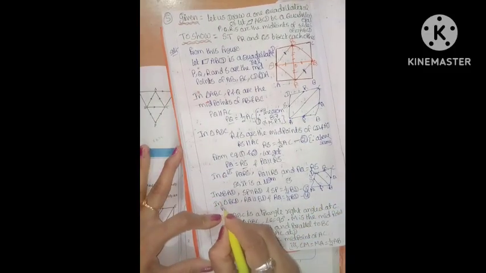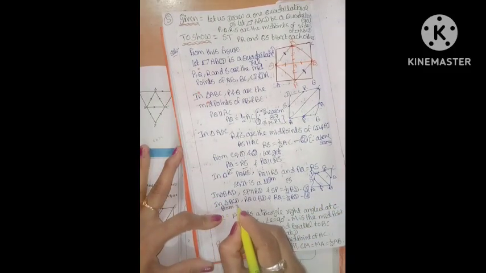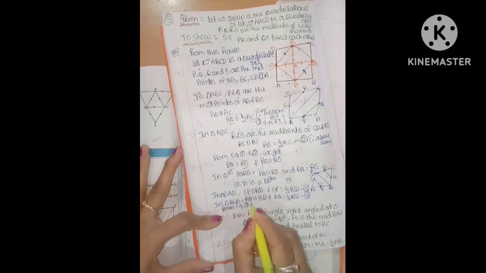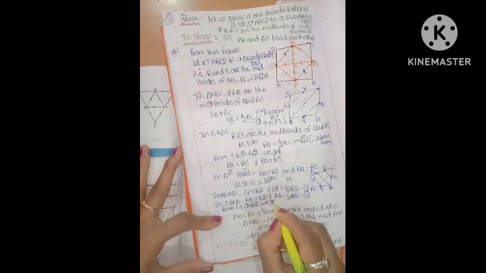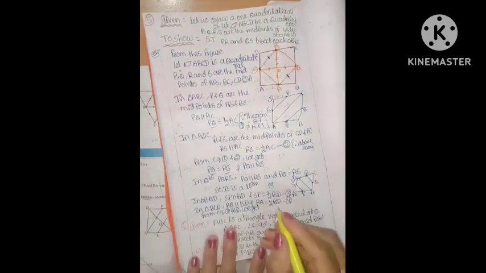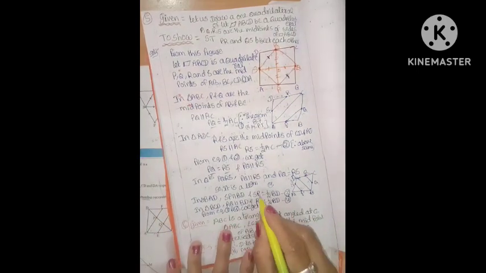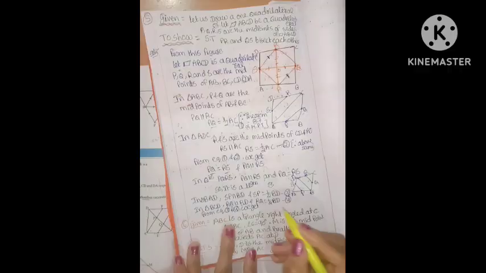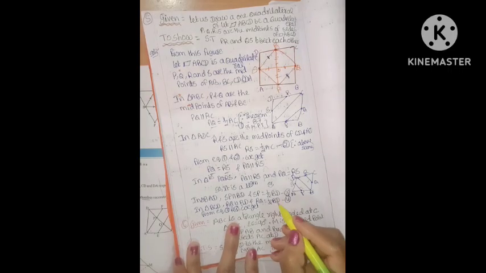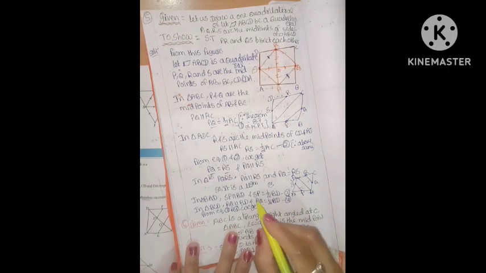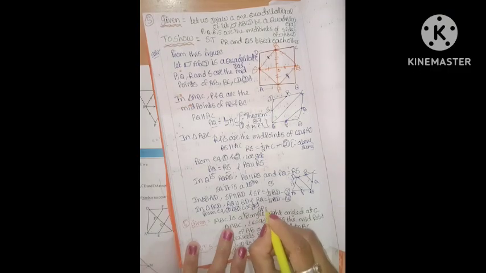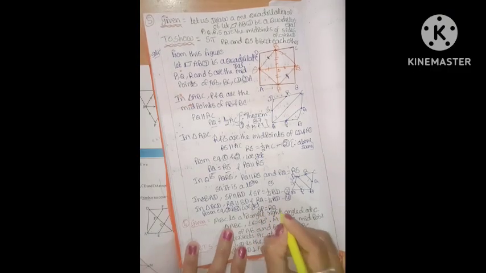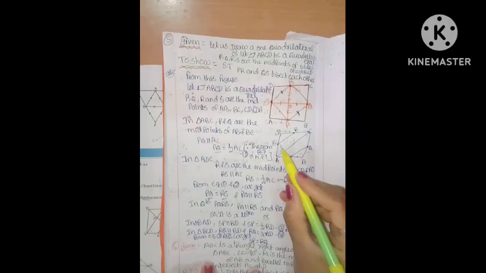From equations 3 and 4, what will we get? The LHS is equal to the RHS, both are the same. So SP is equal to RQ.